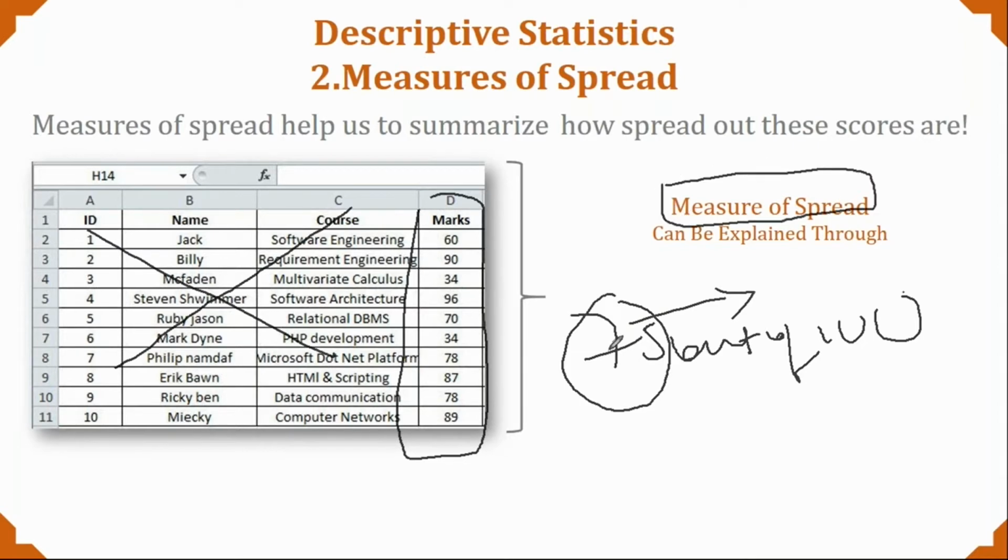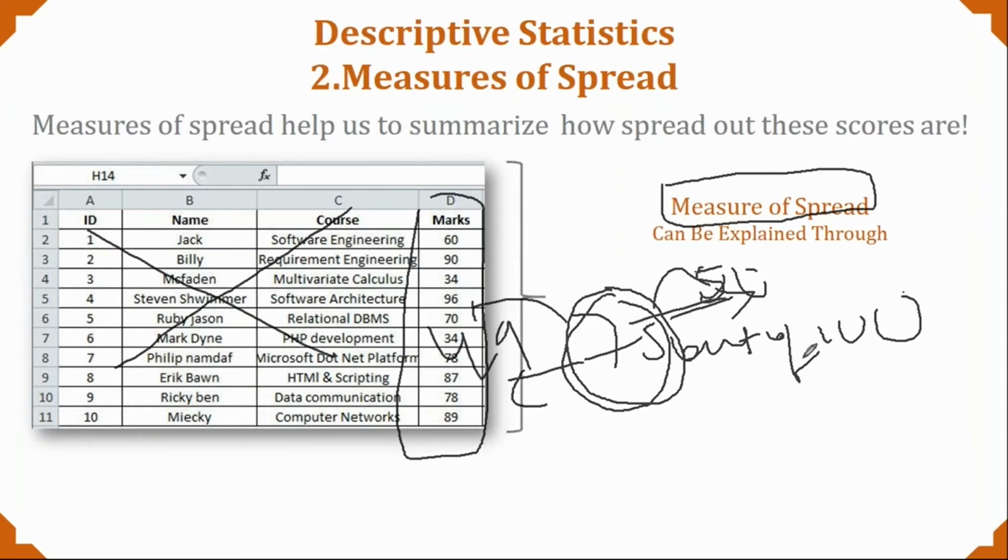Because the mean score is 75 doesn't mean every student will get 75. Every student will be around this 75. There could be 50 records, and 49 records will be around 75. That is the spread of the data.